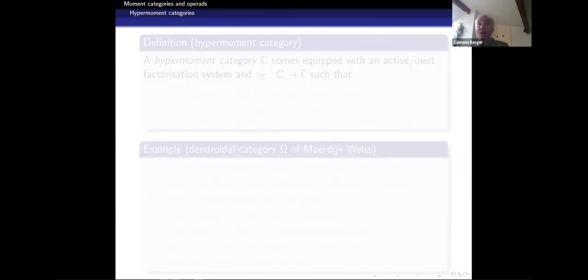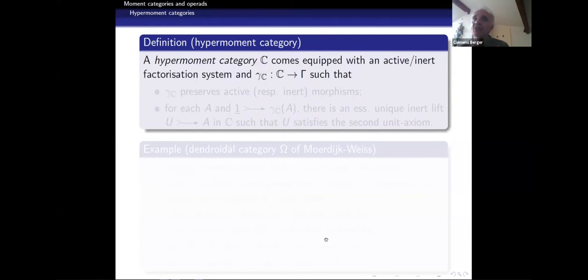Now I will come to hypermoment categories. Hypermoment categories are a slight generalization of moment categories. What you retain is just this cardinality functor, but you drop the condition that each inert map has an active retraction. So you retain the active-inert factorization system and the cardinality functor, but you drop the condition that each inert map has a unique active retraction.